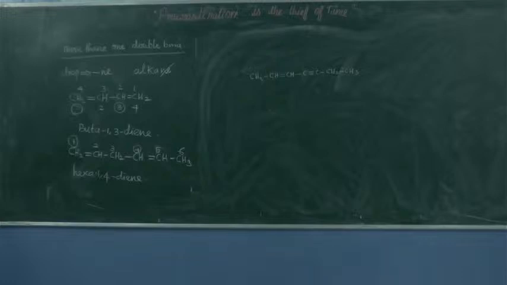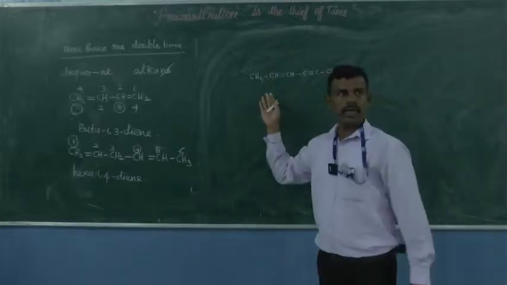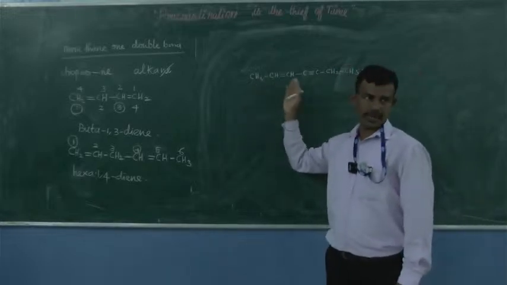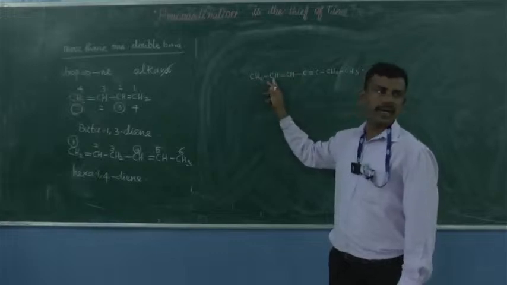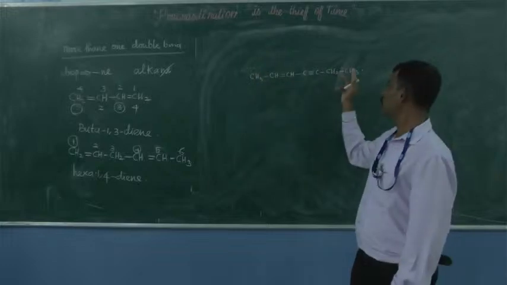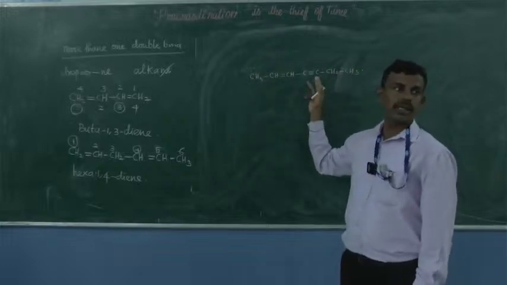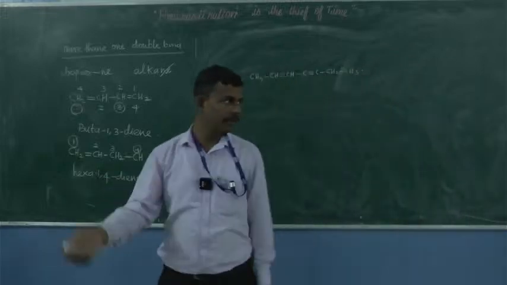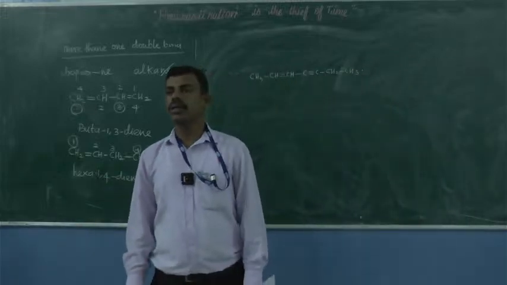So you have to go for the numbering. Suppose I go from left to right: 1, 2, the double bond receives number 2. Moving from right to left, 1, 2, 3. The lowest number is 2 versus 3, so 2.